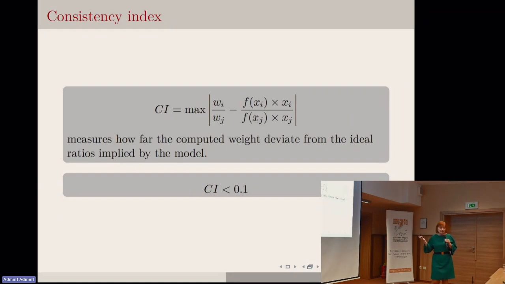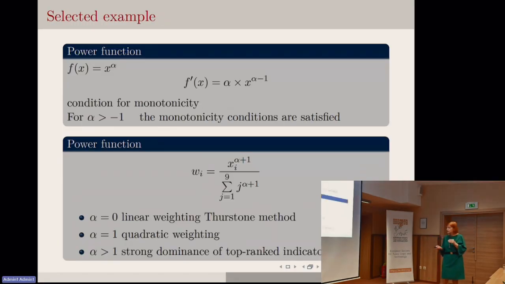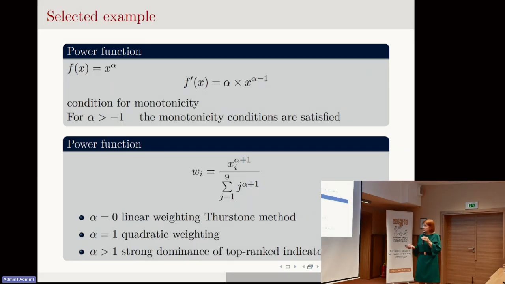Also, in this case, maybe I need some solver, but this solver I am able to create without any problem, without any special function, only in some sheet in Excel. So if this consistency index is smaller than 0.1, the whole procedure is suitable. And now I only show you some examples.